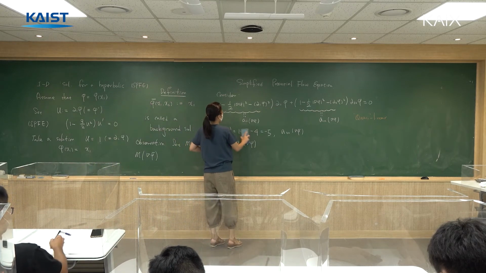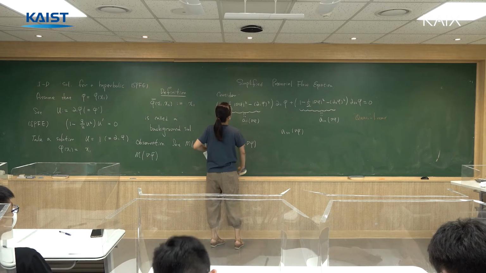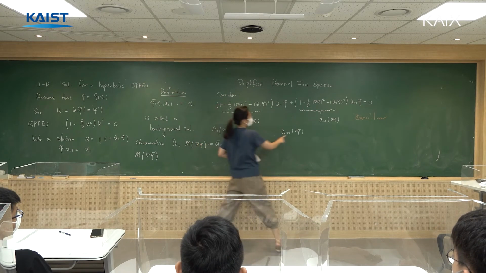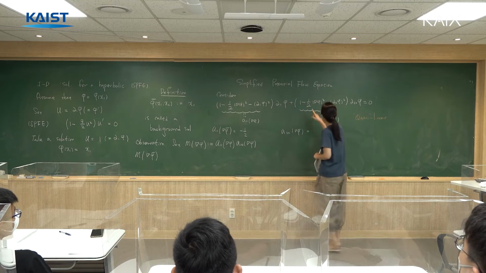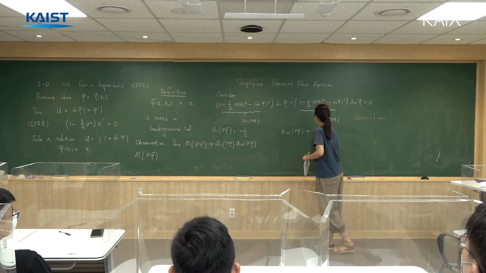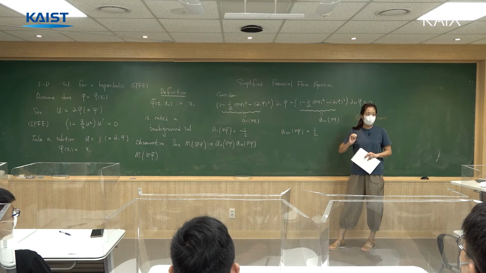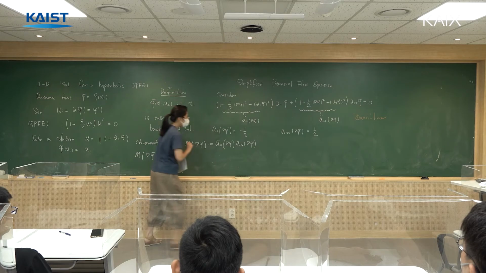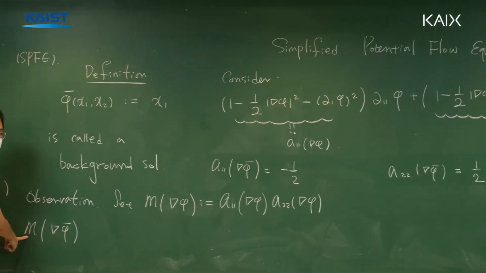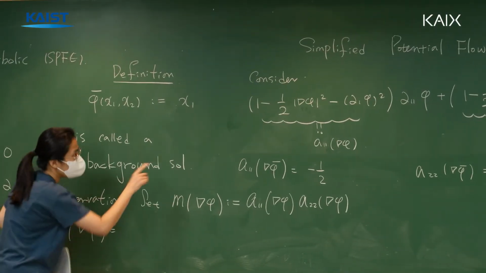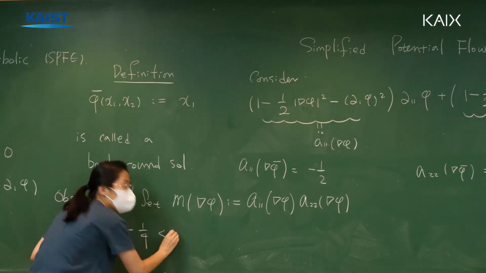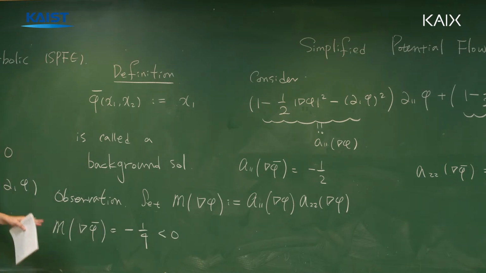Then this is what? What about that one? Okay, am I doing right? Then the determinant becomes the product of those two. So that's negative, and that's what I want. I want a hyperbolic PDE for the background solution.